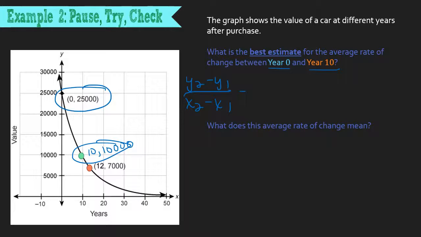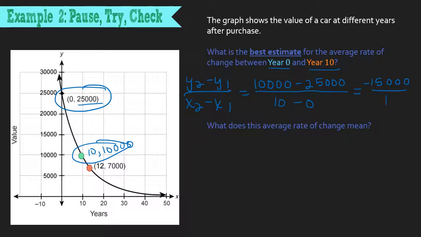So my y2 value, that's going to be that 10,000. And I subtract that from my y value when I first got the car. So when I first got the car, I paid $25,000 for it. And then I subtract my years, so year 10 minus year 0. So if I take 10,000 and I subtract 25,000, I get negative 15,000.